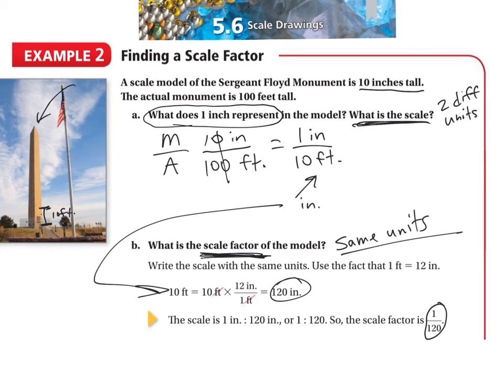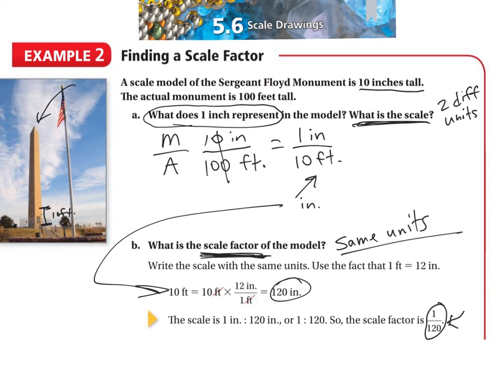That's what scale is, okay? But the scale factor is how much bigger the real thing is than the model. So in this case, the actual Sergeant Floyd monument is 120 times bigger. That's where we get this 1/120.